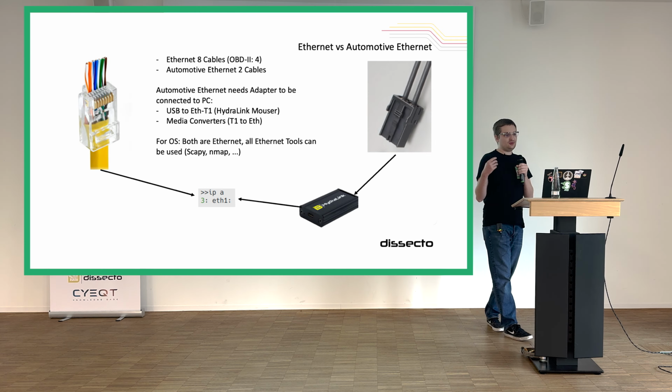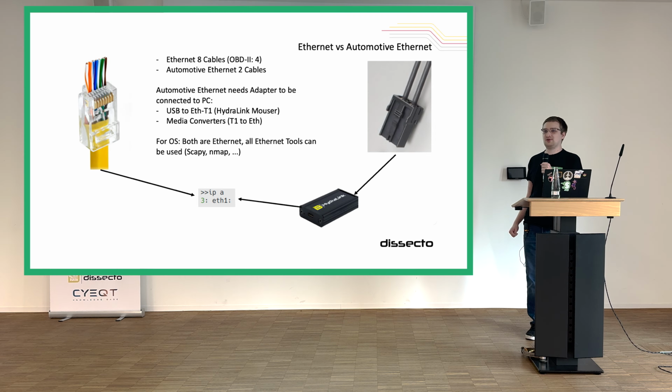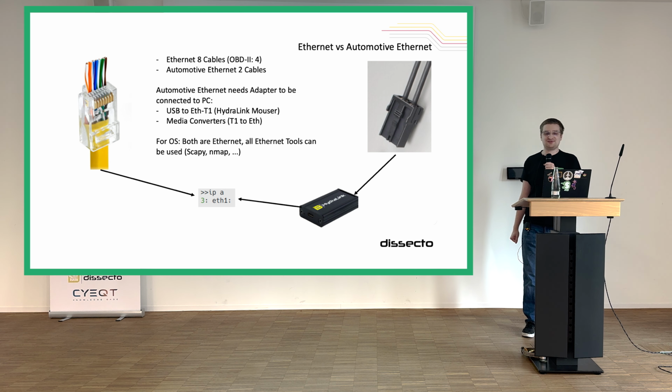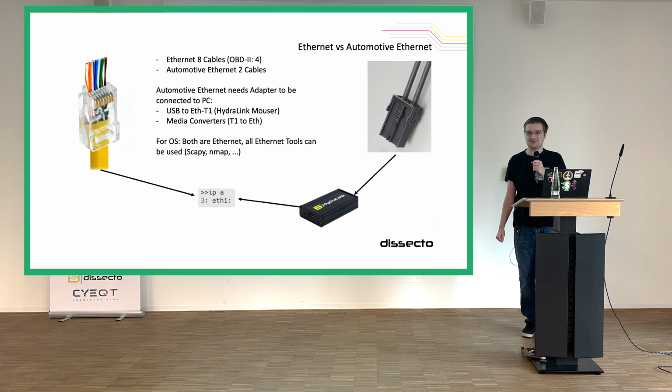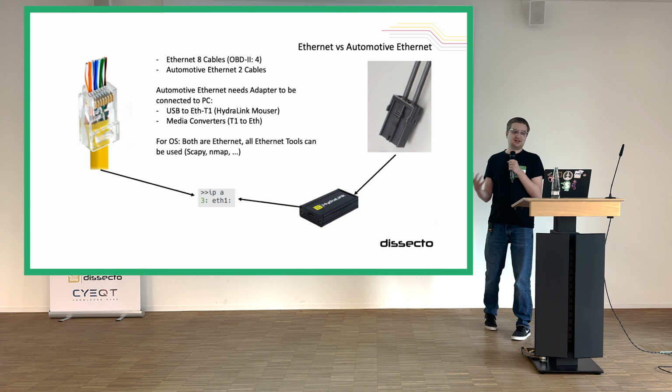For Ethernet or for OBD2, we can use an Ethernet cable, or in case we need to connect to the individual pins of the car, for example, we can just cut the Ethernet cable and take the 4 cables we need. For automotive Ethernet, to connect it to a PC, we need an adapter.